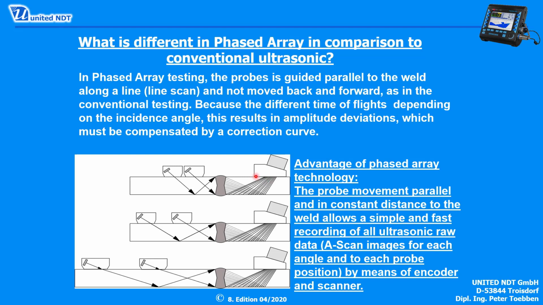The phased array probe is just placed at a certain distance from the weld, and it's then moved along the weld at the same distance all the time. And that makes it possible to capture all the data, because with an encoder you can find the movement, the distance, and at every single position you get all the raw data, all the A-scans for every single angle.